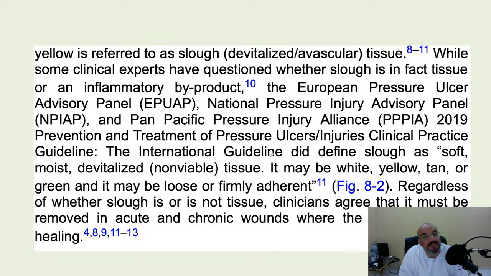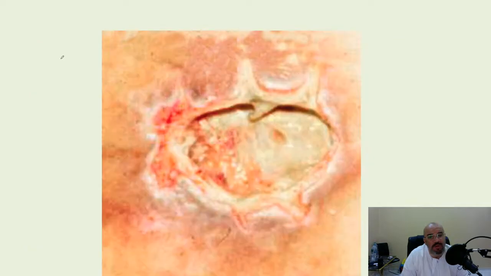This is what this screenshot of the original guidelines describes. The yellow tissues are referred to as slough, and they differentiate between the yellow tissue and the black tissue based on its origin of development. In both cases, each one has its own characteristic and impact.